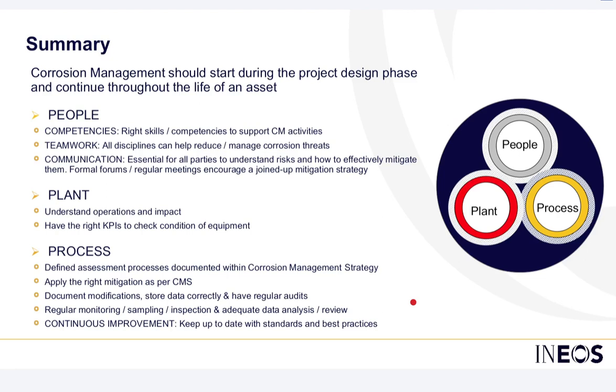So typically this is written up as a corrosion management strategy or policy document. All checks should be done when modifications are conducted on site. And all of this, when done, will then yield the continuous improvement that is desired. That way we'll be able to achieve the aim, which is making sure our equipment lasts longer and keeping the fluid within the pipe or within the equipment.